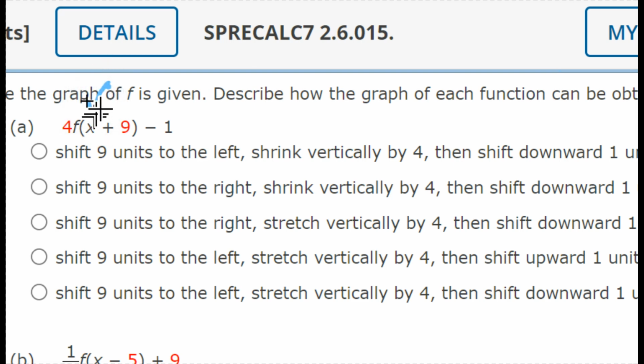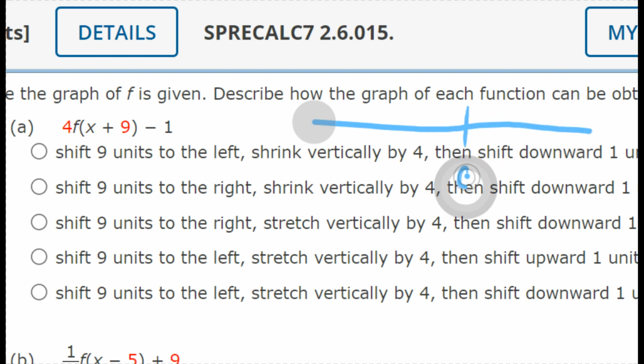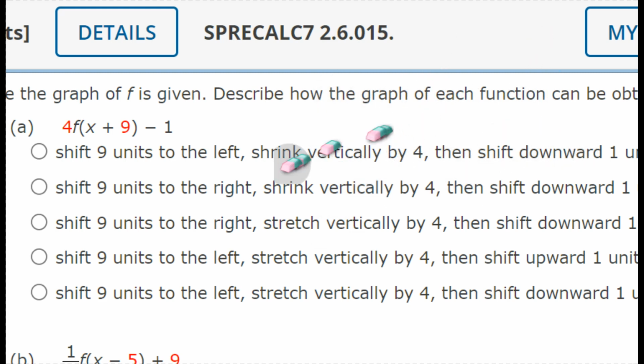I would have to put a minus 9 in here for it to say 0. So however that curve was behaving when x was 0, the transformed version now mimics that behavior when x is minus 9. So it shifts to the left. It shifts to the left by 9 units.